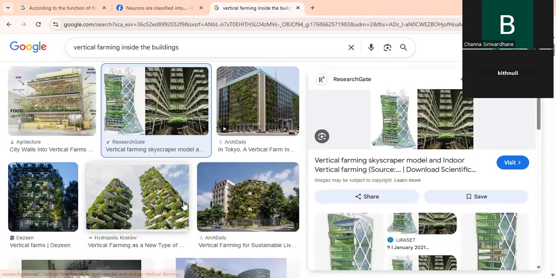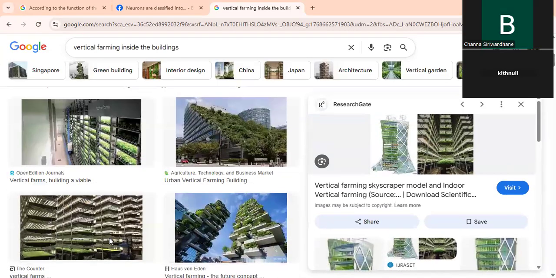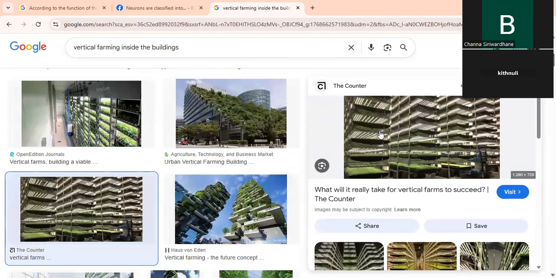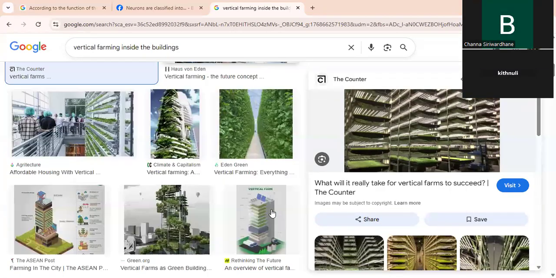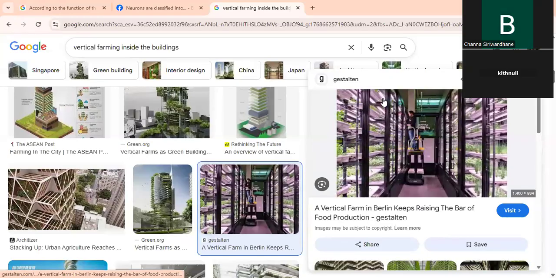Vertical farming. It is mainly done in China. They are using artificial lights, right? But naturally, the light is given by the sun, solar power. In here, they are using lights.